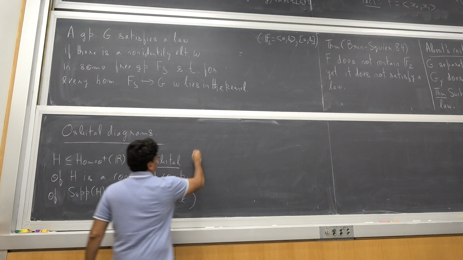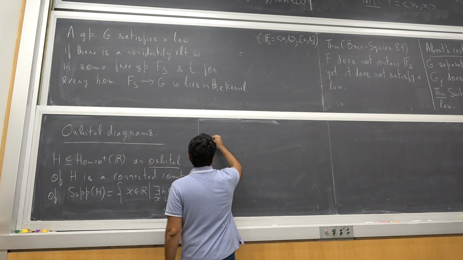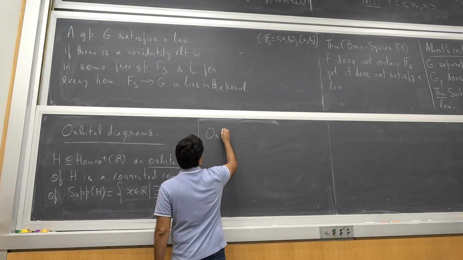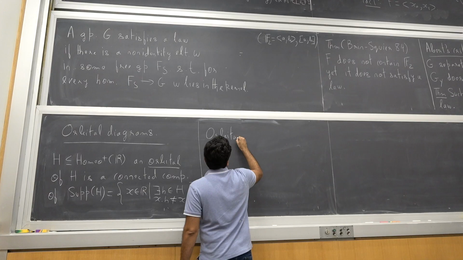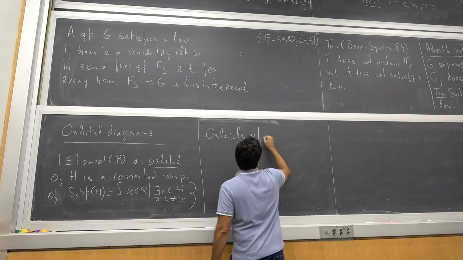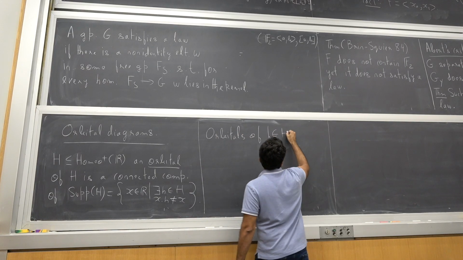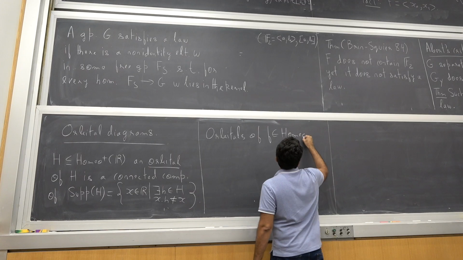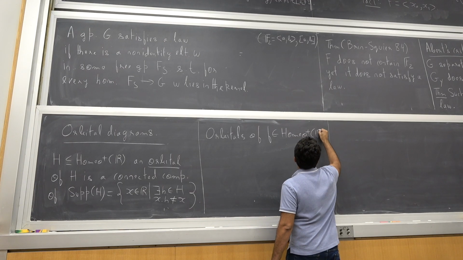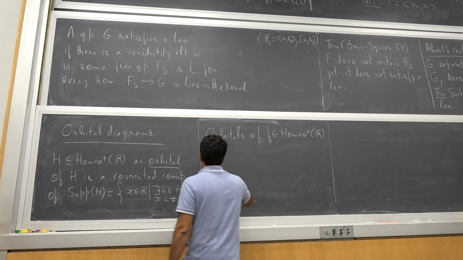And similarly, we can define orbitals of elements. So orbitals of elements are simply the orbitals of the subgroup they generate.